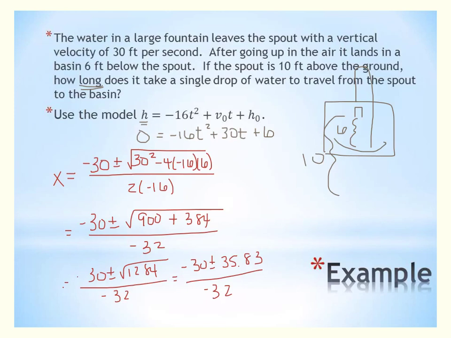So the square root of 1284 is 35.83, and you're going to do negative 30 plus 35.83 and divide that by negative 32. So I get negative 0.182, and then negative 30 minus 35.83, divide that by negative 32, and we get positive 2.057. Which one of those can be a time? It is the second one, so we're going to put seconds on the end. That is how long it takes the water to return to the ground.